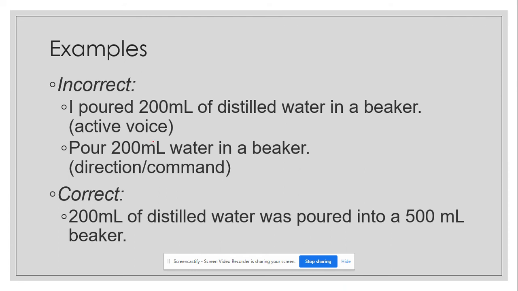You shouldn't say, I poured 200 milliliters of distilled water in a beaker, because of the term I. That's an active voice. You also shouldn't say, pour 200 milliliters of water in a beaker, because that's a direction or a command. The correct way to say that is, 200 milliliters of water, water is my object, was poured into a 500 milliliter beaker.